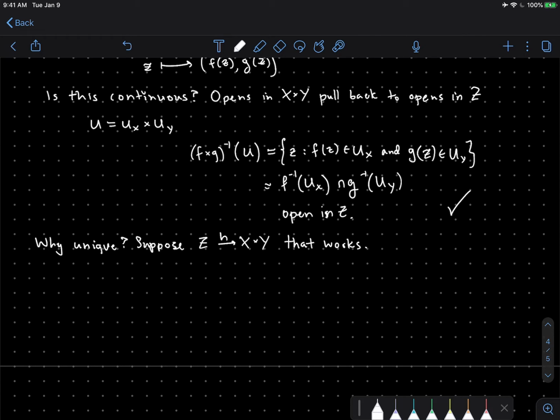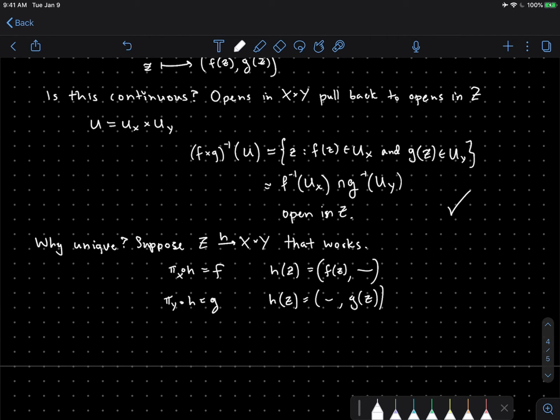Then, because the diagram commutes, H composed with pi sub X equals F, which means that H of little z is going to equal F of little z comma something, and similarly pi sub Y composed with H equals G, so H of little z is going to equal something comma G of little z.